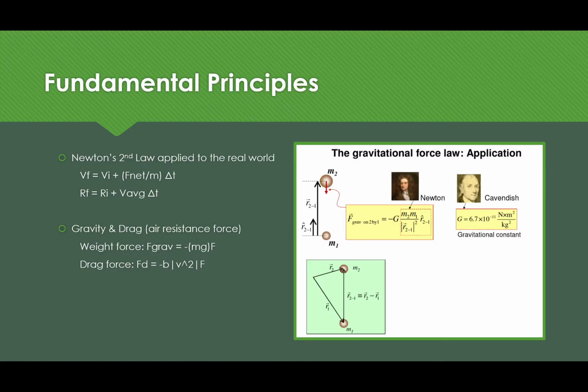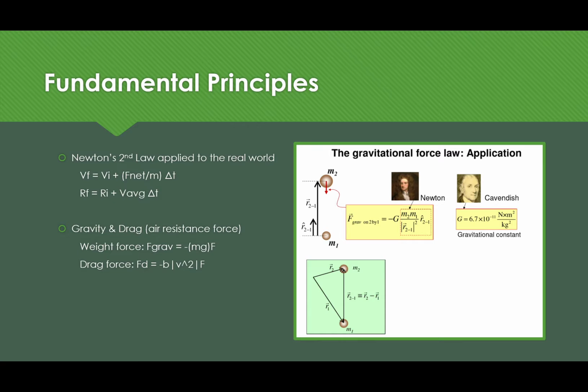The fundamental principles that I used in this lab were Newton's second law applied to the real world, which we're familiar with from previous labs, used to update the velocity equation and the position equation of the golf club in the coding, as well as gravity and drag, the air resistance force mentioned in the previous slide. Weight force is F gravity, which is negative mg y-hat, and drag force Fd equals negative b times the magnitude of v squared times v-hat.